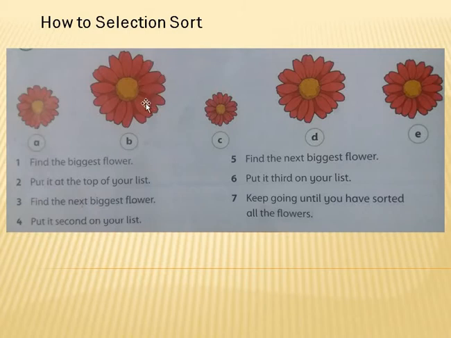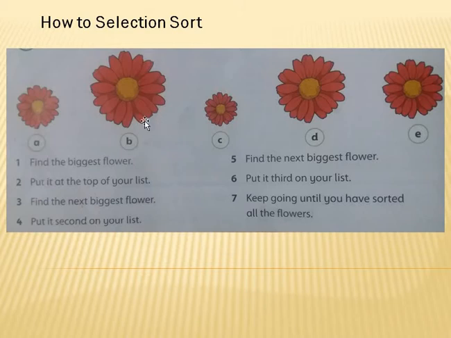So the method of selection sort is to just find the biggest flower and put it on top of your list, find the next biggest flower and put it second on your list, find the next biggest flower and put it third on your list, and keep going until you have sorted all the flowers. If we apply this logic on this list, what happens?